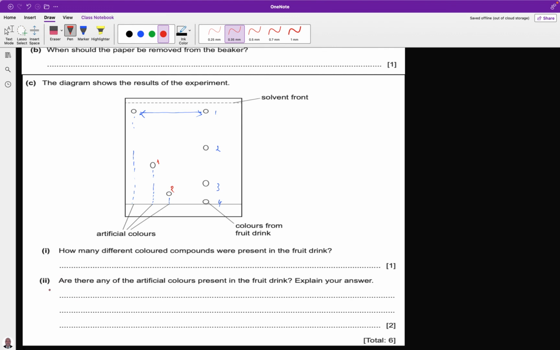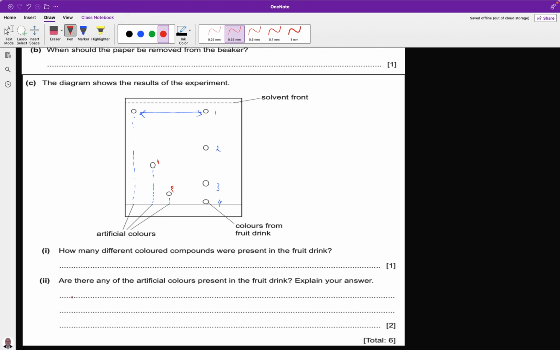Okay, C2: are there any of the artificial colors present in the fruit drink? Explain your answer. I have already explained it above here. Yes.